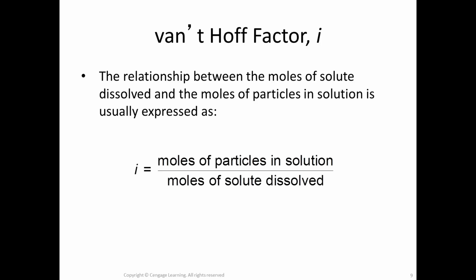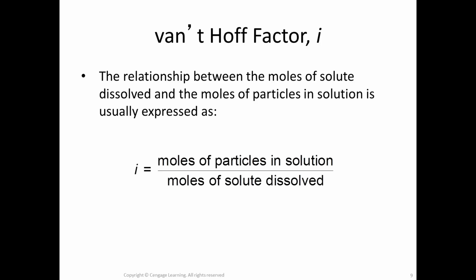Now again, colligative properties of electrolyte solutions depend on the total number of particles dissolved. For an electrolyte solution, keep in mind more than one particle is present. The relationship between moles of solute dissolved and moles of particles in solution is expressed by the Van't Hoff factor, i, where i is equal to moles of particles in solution divided by moles of solute dissolved.